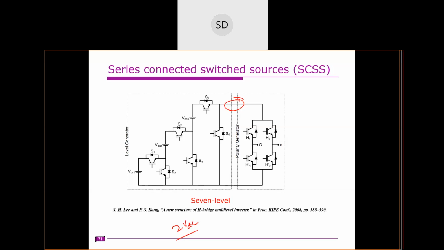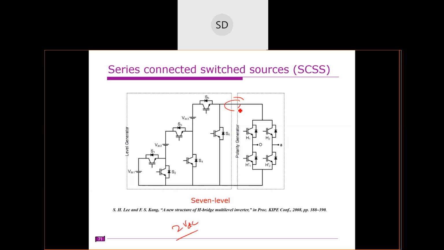Only 2 switches. If you want 0 voltage, we need to trigger S6, so that this will be the path.